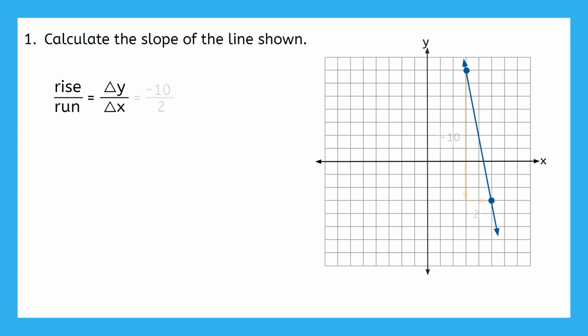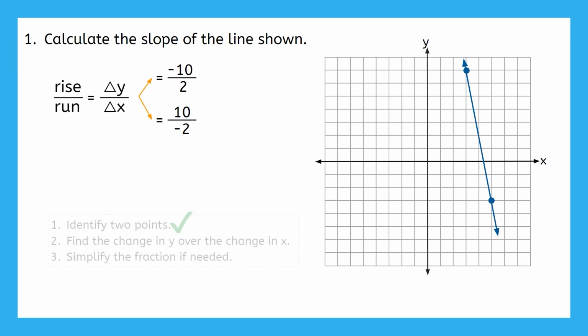If you chose to move up 10 units, then you would need to move to the left 2 units, creating a fraction that looks like this. No matter which route you took, you have accomplished step number 2.